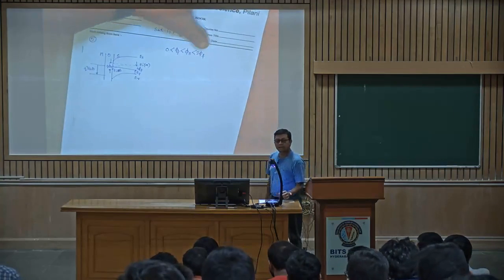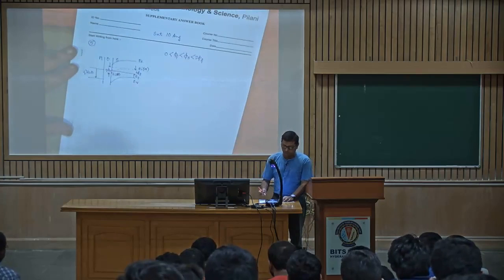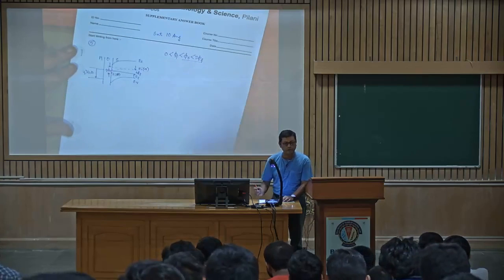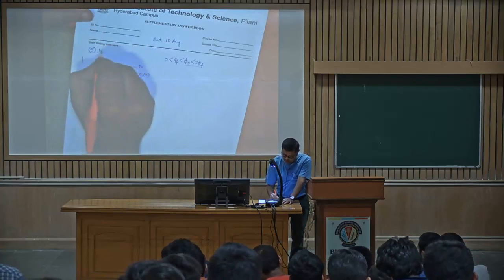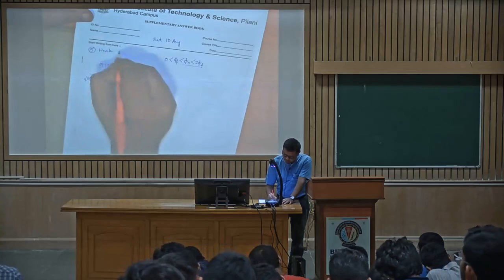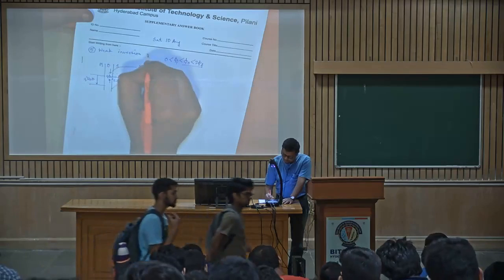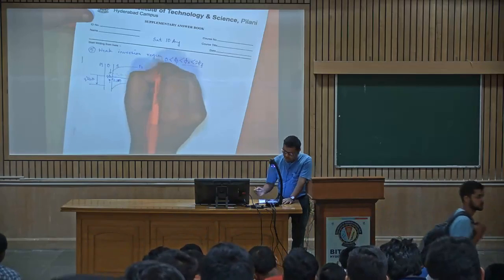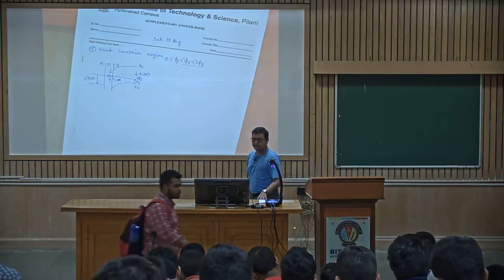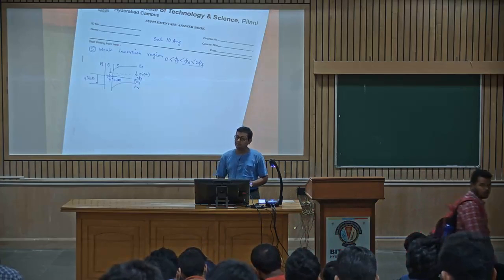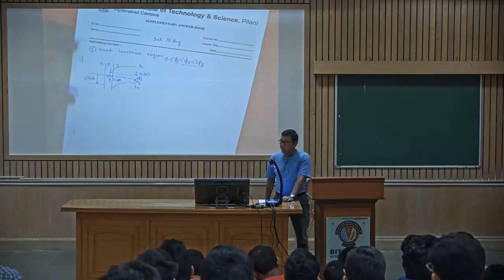That means we call this region weak inversion because it is still less than 2 phi f. It's called weak inversion region. It's still a region because, as you can see, it's a range of values. It's not the condition for a particular value.